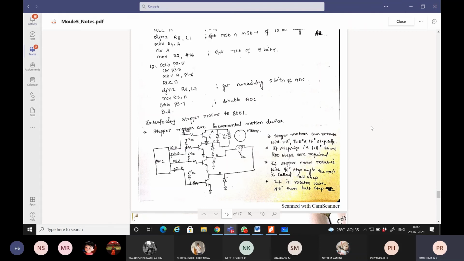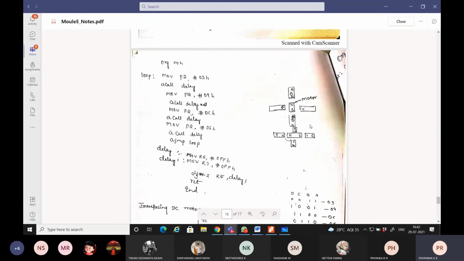Here we have used port 2: P2.0, P2.1, P2.2, P2.3. These port pins are connected to the stepper motor coils, represented as A, B, C, D. The coils have to be energized in this particular manner only: A coil, B coil, C coil, D coil.